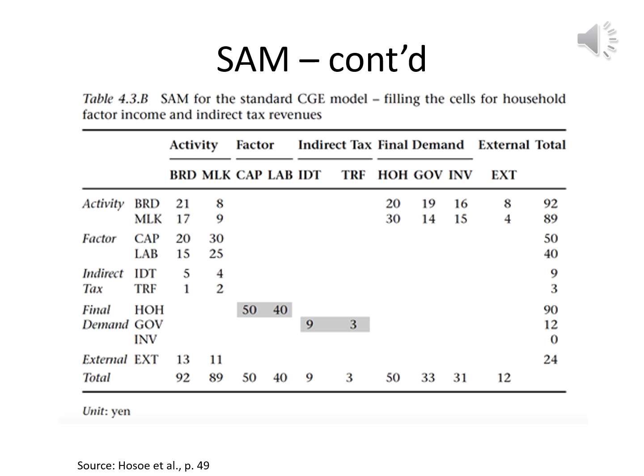Similarly, for government, the column sum is 33, while the row sum is 12. And for the investment account, the virtual investment agent account, the INV row sum is 0 and the column sum is 31. Again, there's an imbalance. Finally, for the external account, there is a row sum of 24 and a column sum of 12. So somewhere there's a problem, right?